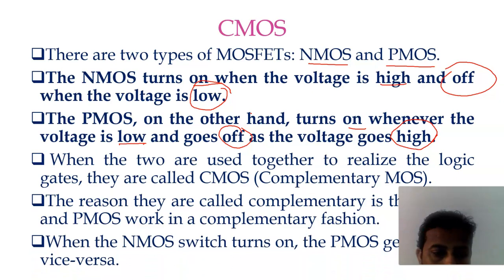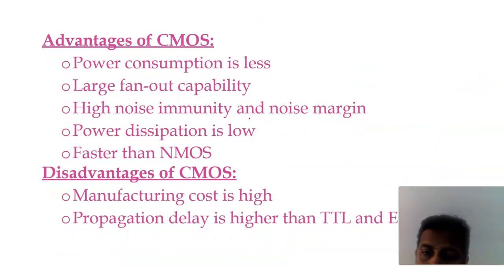The reason we call it complementary is that NMOS and PMOS work in a complementary fashion. When NMOS is on, PMOS is off, and when PMOS is on, NMOS is off. That's the reason we call it complementary metal oxide semiconductor.